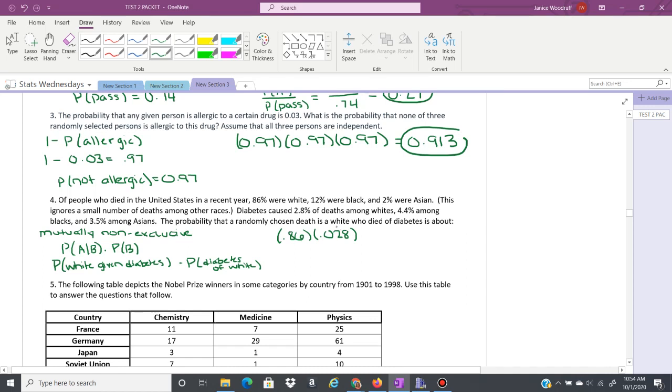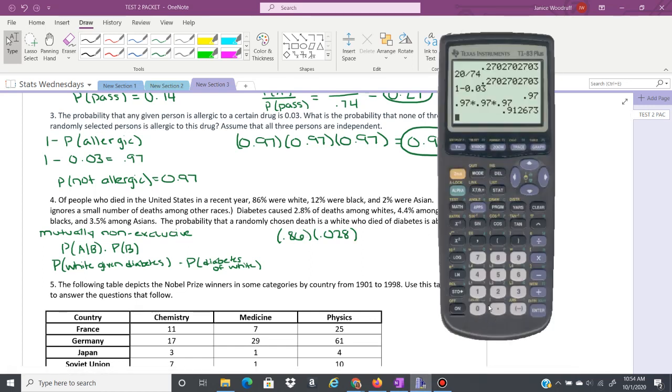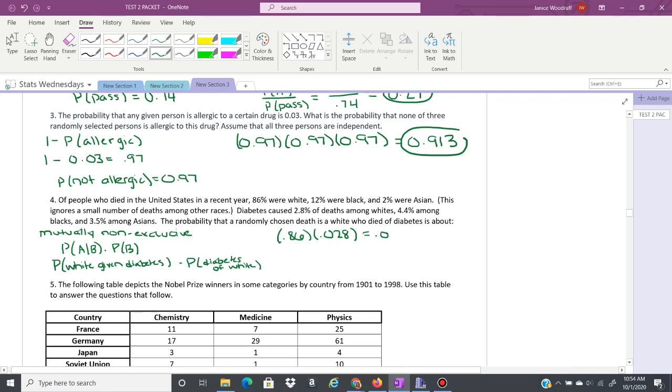So we multiply those. That is going to give us 0.02408. But then we need to take that and multiply it by that diabetes 2.8%, the diabetes of the deaths among whites.